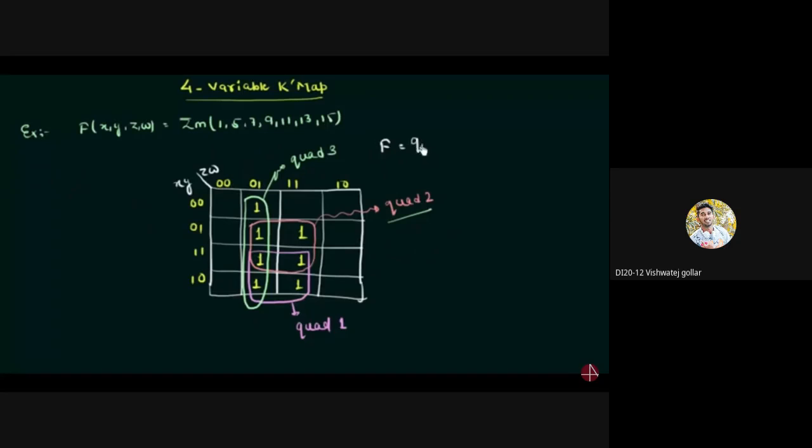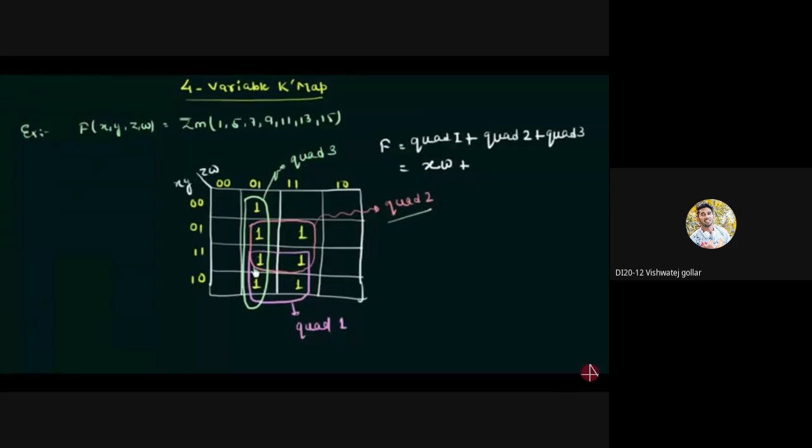It is equal to quad 1 plus quad 2, this is OR, quad 3. So what is quad 1? The y is changing from 1 to 0, but x is not changing, so x. Similarly, z is changing from 0 to 1, and w is the same, which is 1, so w.